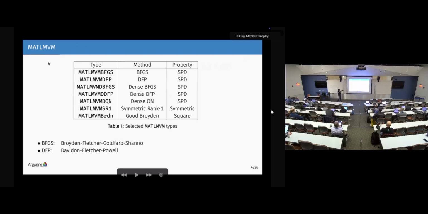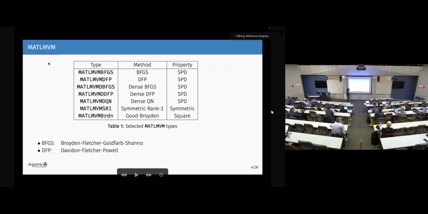BFGS means Broyden-Fletcher-Goldfarb-Shanno, and then there is DFP. Previously, BFGS and DFP are well known, and they have the SPD property. Today I'm going to talk about the dense versions: dense BFGS, dense DFP, and dense QN, which is basically a hybrid of these two, and obviously shares the SPD property of BFGS and DFP.